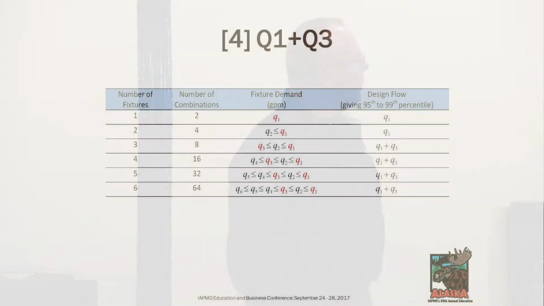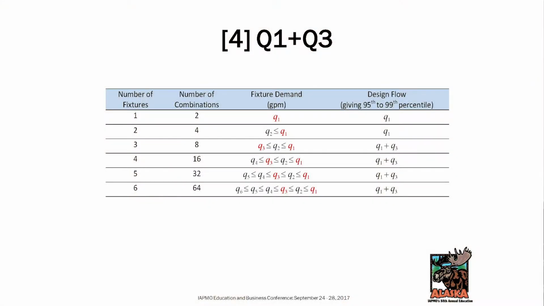Well, then there's another method that we use. This is called Q1 and Q3. As we were working with the exhaustive enumeration, we started to discover that certain combinations always had the same demand, the 99th percentile, as the full exhaustive enumeration. So this is, I don't want to say quick and dirty method, but it's pretty accurate to coincide with using exhaustive enumeration.